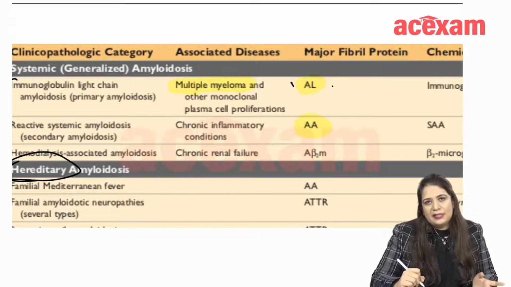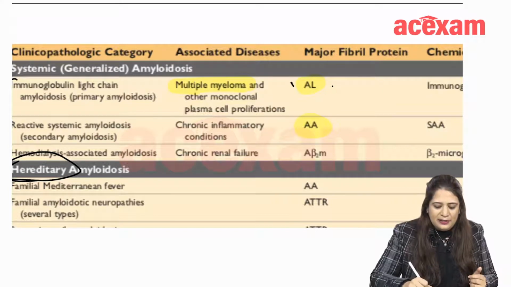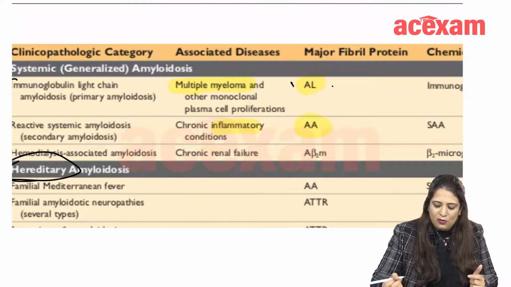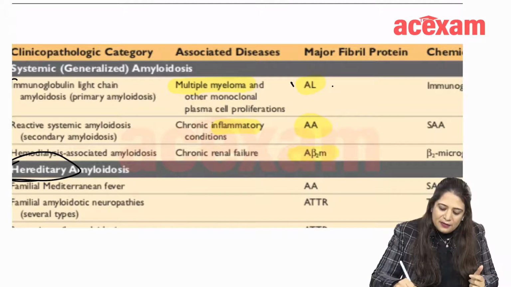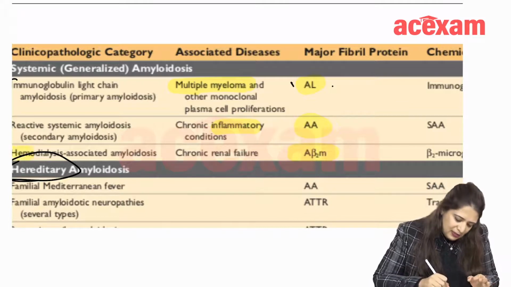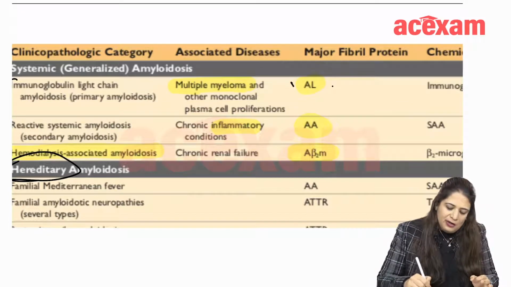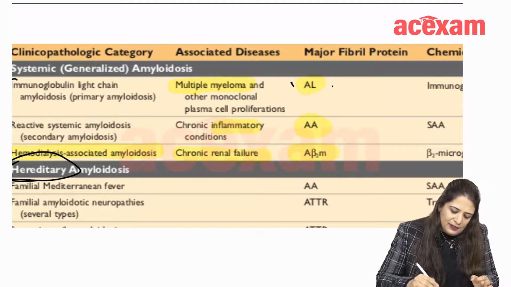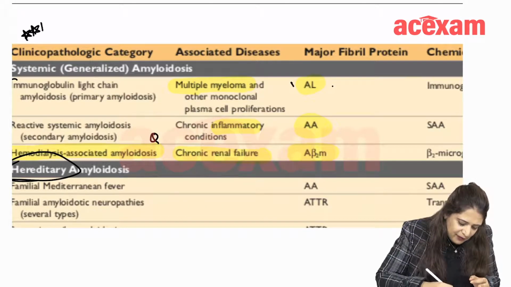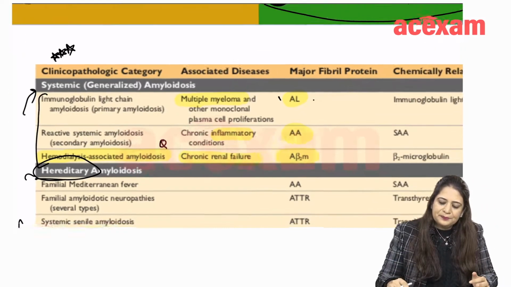Secondary amyloid is AA, and it is seen in chronic inflammatory conditions. For example, in rheumatoid arthritis also it is seen. And the third is beta-2 microglobulin. It is hemodialysis associated amyloidosis seen in chronic renal failure. So this question has been asked, and this table is actually very, very important from Robbins.